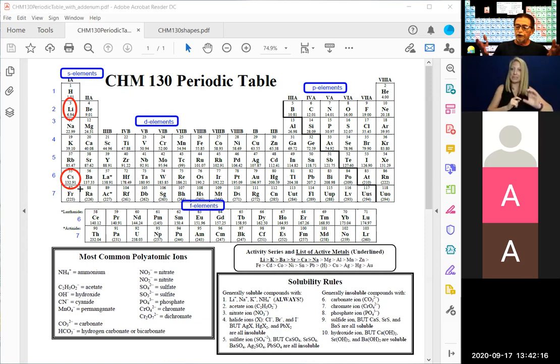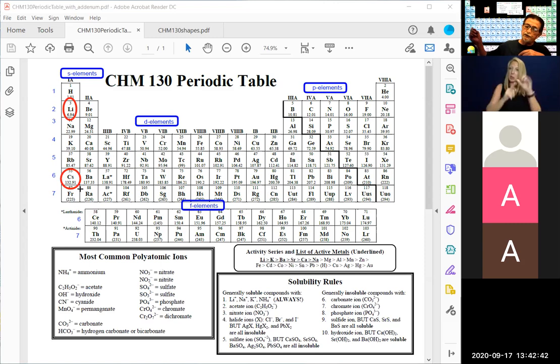Now, they both share the property of one valence electron. However, cesium is in the 6th energy level compared to lithium, where that valence electron exists in the 2nd energy level. So obviously, that electron for cesium is further away than that valence electron for lithium.